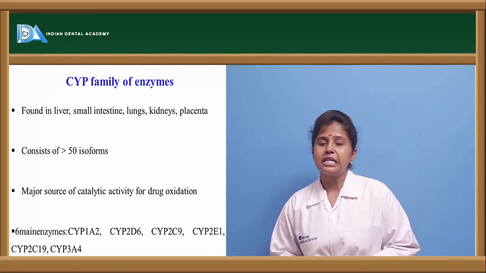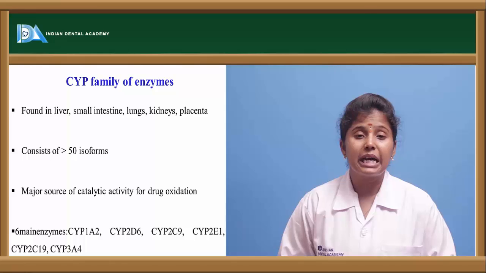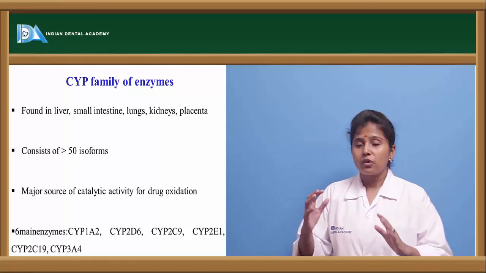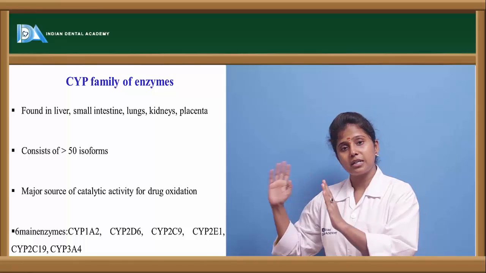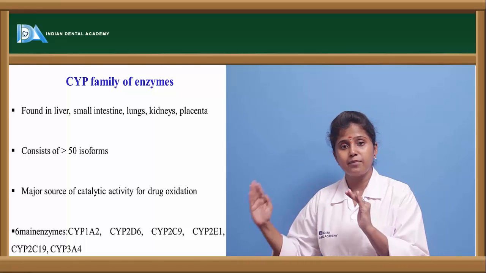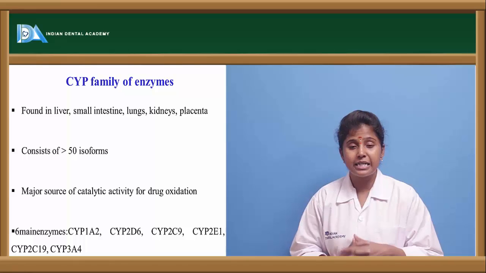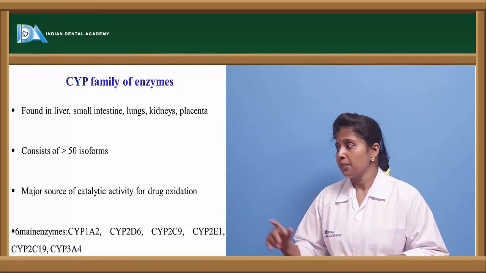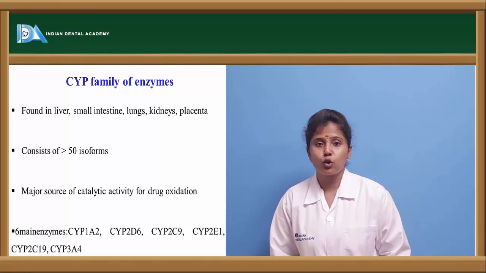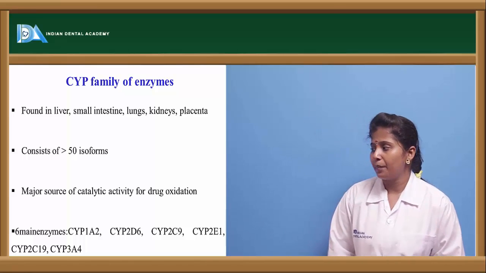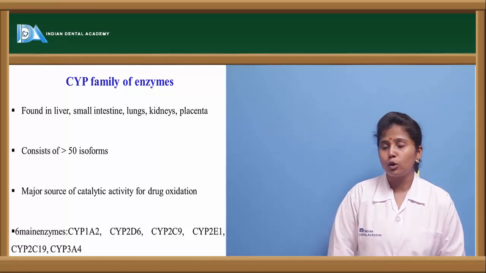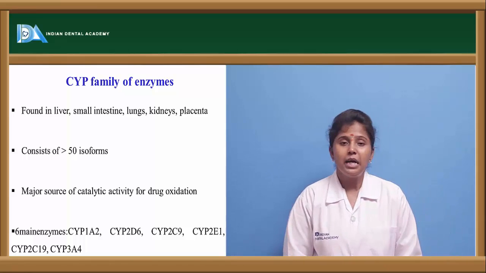In the cytochrome family, there are more than 50 subtypes of these enzymes, but mainly 6 main enzymes are acting: cytochrome 1A2, 2D6, 2C9, 2E1, 2C19 and 3A4.